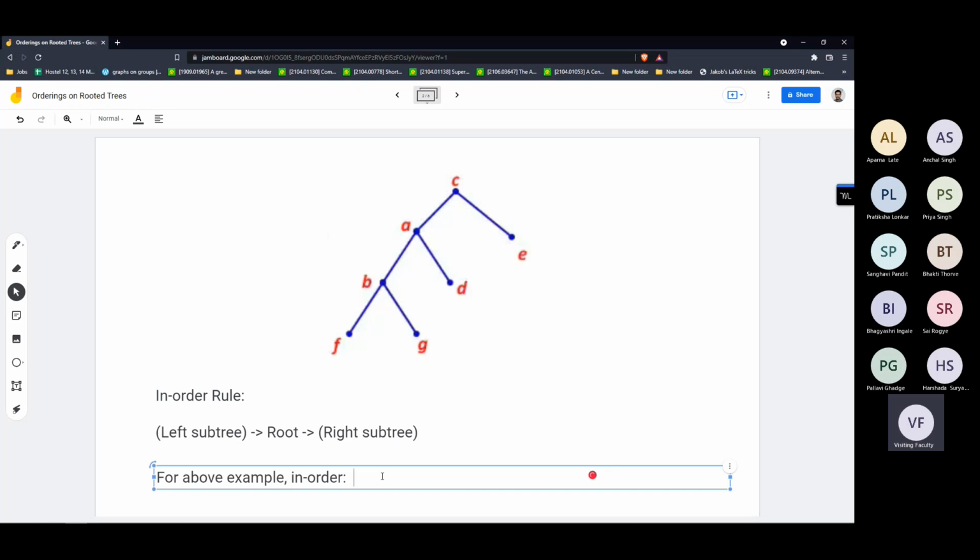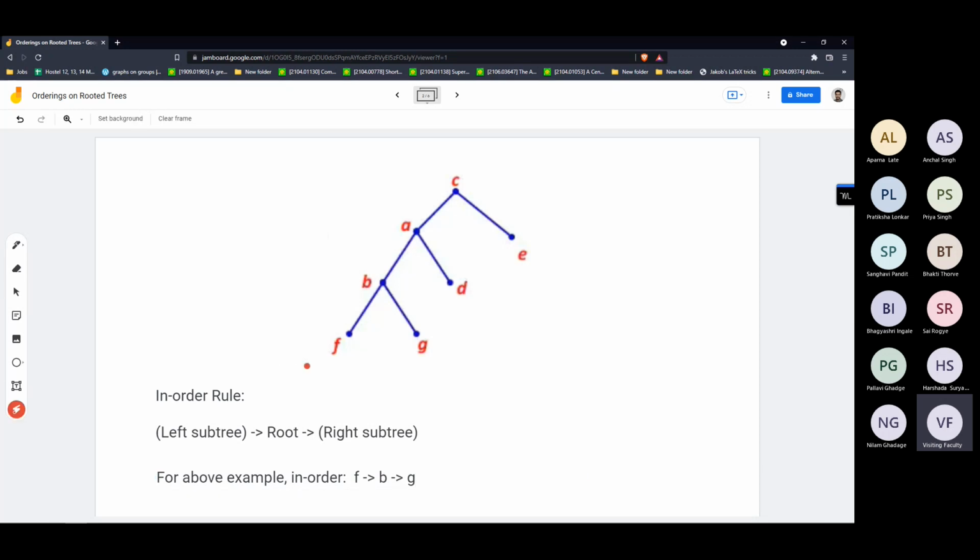The left subtree of A, which is B, F, G, there the root is B, left is F, right is G. So you first write F, which is the left, then root B, then the right, which is G. What does this complete? This completes the left subtree of A.